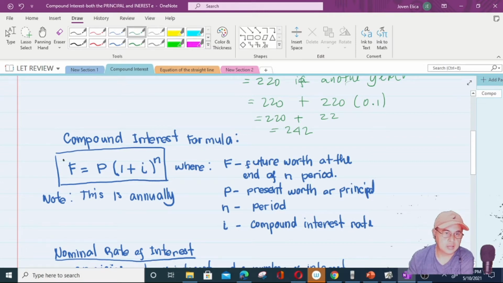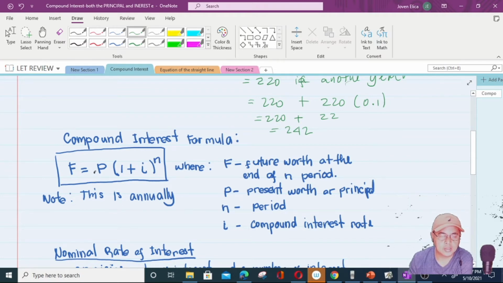This formula is used only if the period is annually. That means per year, annual. Okay? This is only applicable if your N is 1 year, or the interest is being paid annually.